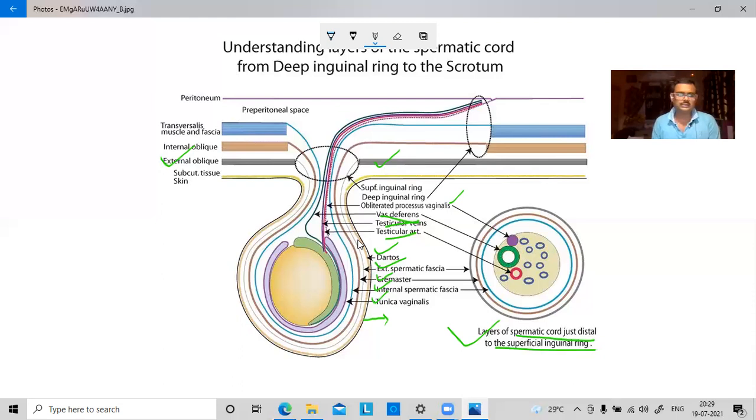So the anterior part is supplied by the genital branch of the genitofemoral nerve, which carries fibers from the L1 segment, and the posterior two-thirds of the scrotum is supplied by the posterior scrotal branch of the pudendal nerve, which carries fibers from the S3 and S4 segments. So there is a break in the continuity of the nerve segments between the anterior one-third and posterior two-thirds of the scrotum.